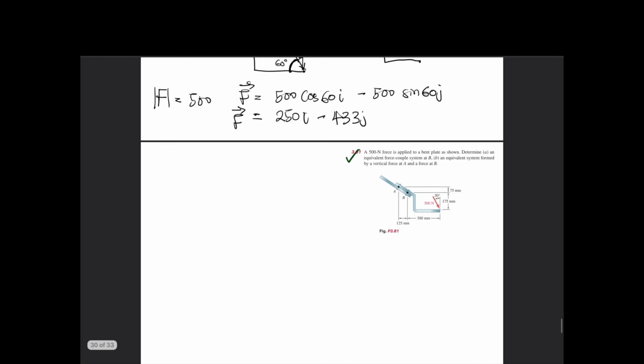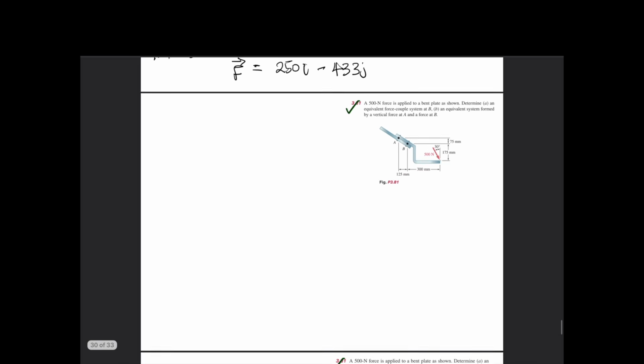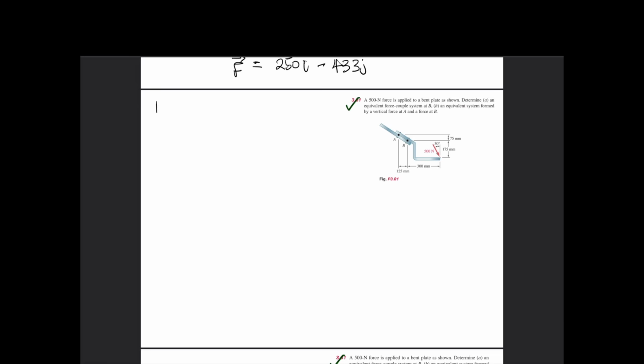Like we said, what we are looking for here is our M. We want to calculate this M so we can replace this force here by another force at B. The formula for M, as always, is r cross F, so we still need to find our r.